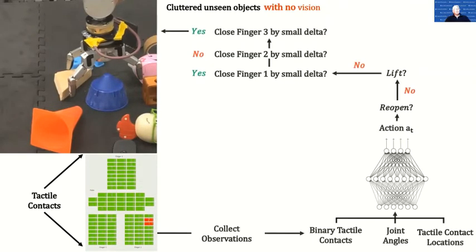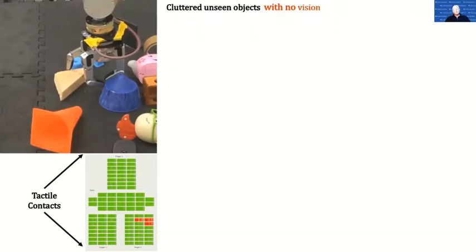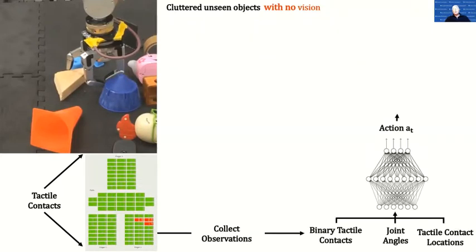And we slowly flow it, and new tactile contacts will show up, as you see in the lower left. And we're collecting those observations. And at this point, we can go back through these questions and say, okay, we have a new set of tactile contacts. Should we reopen the hand? Yes, we don't like what we have, so we'll reopen all the fingers.